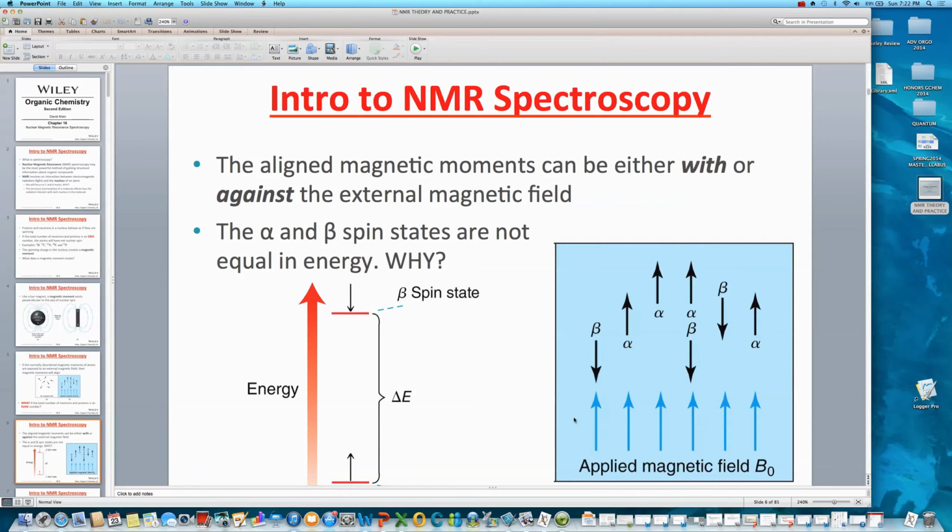And this spin state, if you notice on the graphic, always results when the tiny bar magnet of a nucleus like hydrogen is aligned with the external magnetic field, which is rendered in blue. And of course, some of the atoms will align themselves against the magnetic field, and they oppose the magnetic field, and they are termed beta.